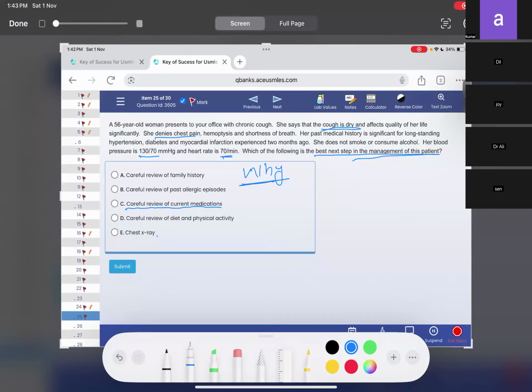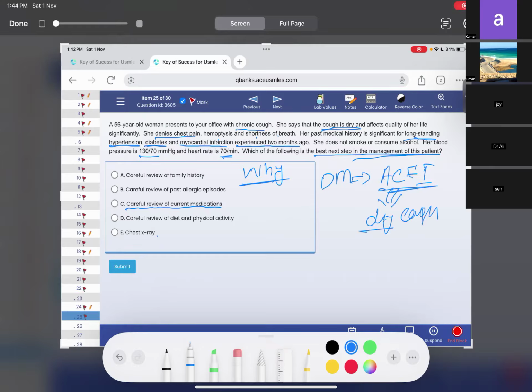So the woman presented with a chronic cough and she denies chest pain, hemoptysis, and shortness of breath. She has a past medical history significant for long-standing hypertension, and the patient also has diabetes and a myocardial infarction experienced 2 months ago. As we have already discussed, for the patient with diabetes mellitus the best medication is an ACE inhibitor, and we know that ACE inhibitor can cause dry cough.